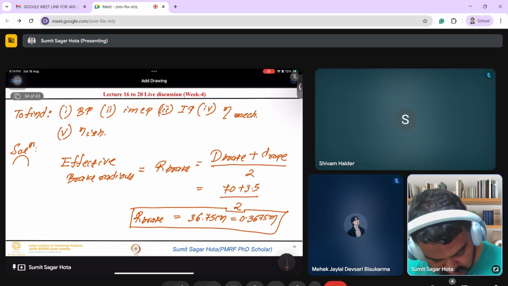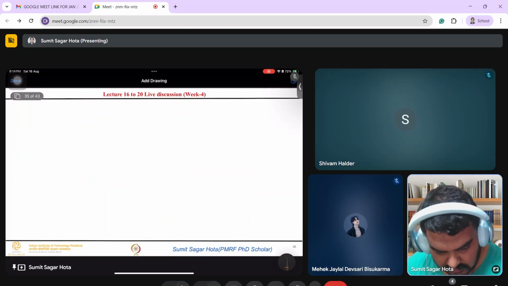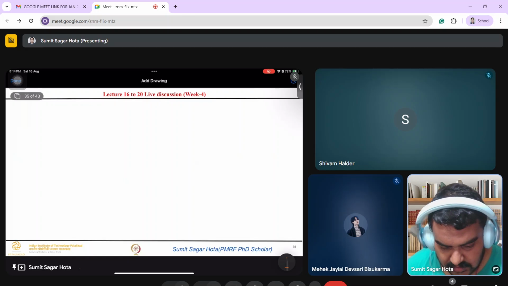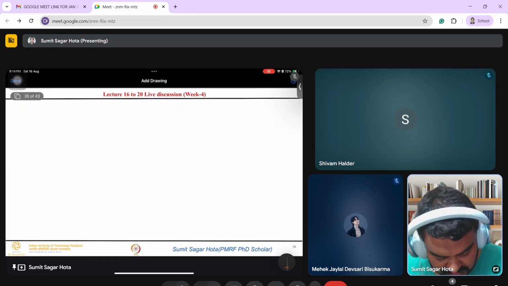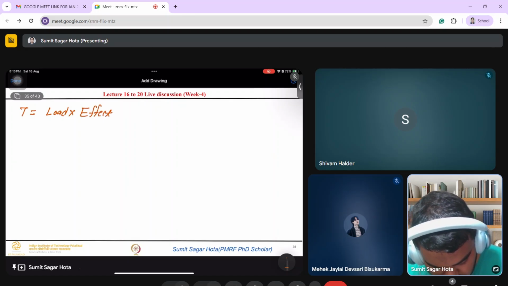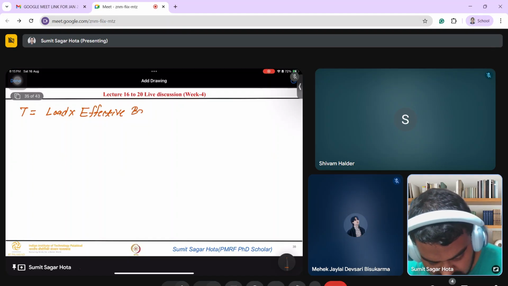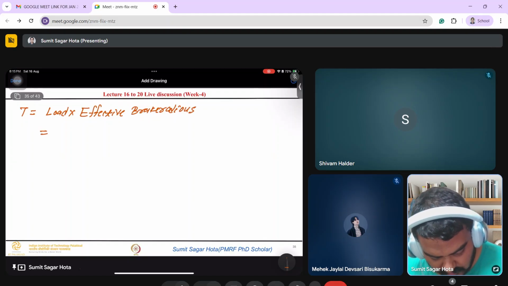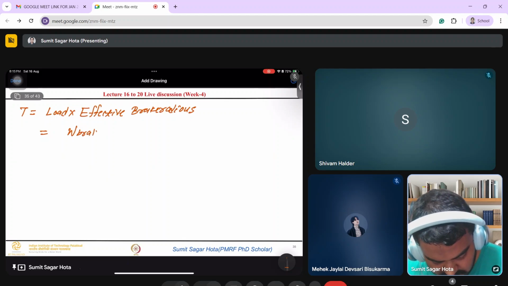Okay, so let's go to the next one. Next, find out the torque. T is equal to load into effective brake radius, which is W brake into R brake.